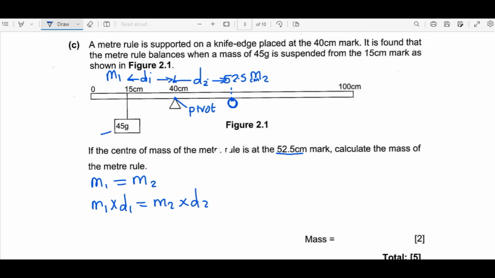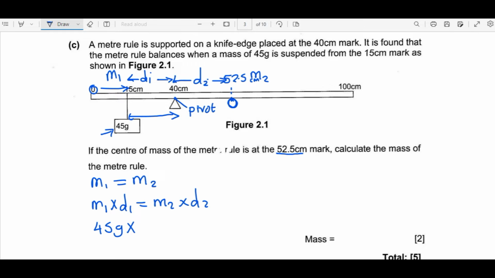So mass 1 is the mass that we are given, and for this one no need of converting, we can just use the mass in grams. So we have 45 grams multiplied by the distance from here up to here, which is 15 centimeters. So we can just find the difference between 40 centimeters and 15 centimeters.